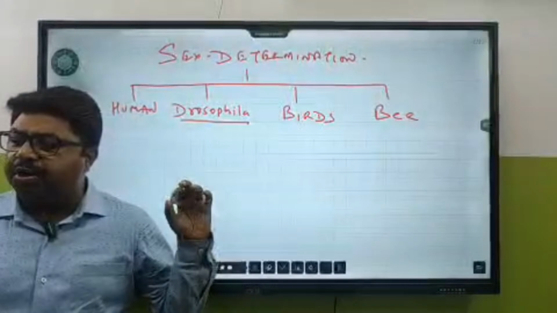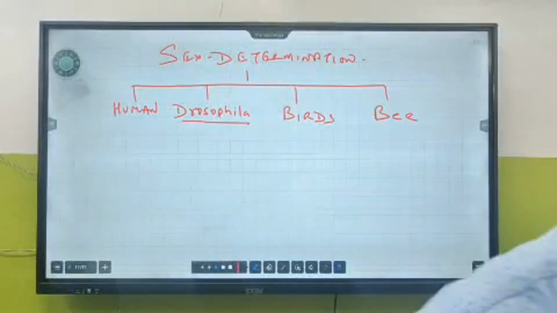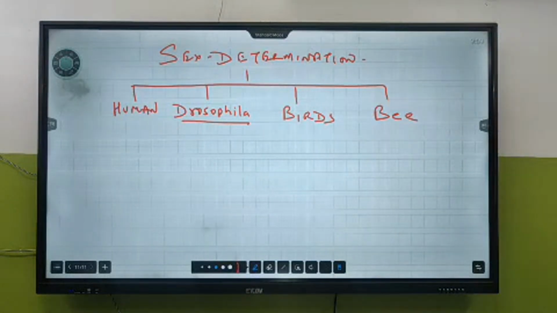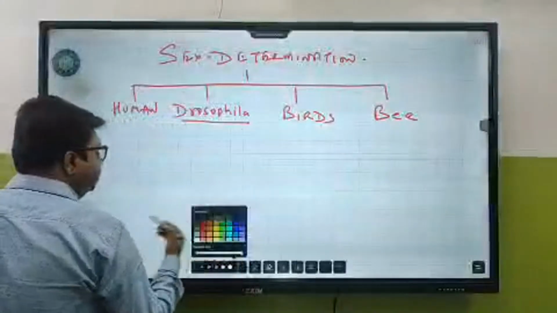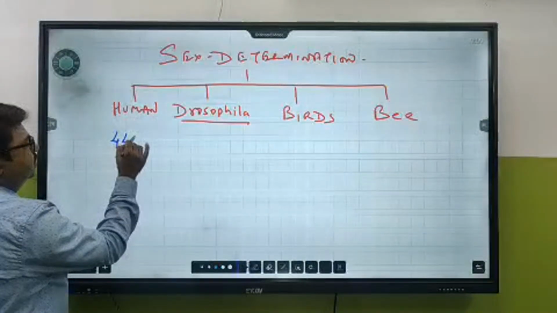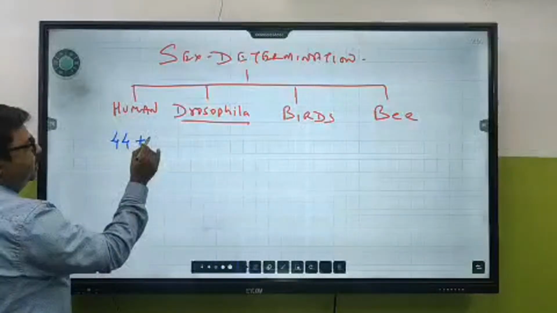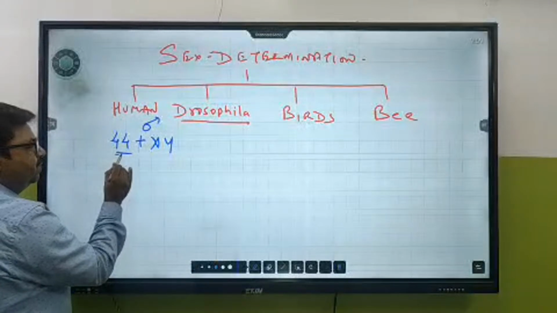The first one you already know. What is the first one? The first one is human. I think you know it. Just now we were talking about this. Human. Srijan, how many chromosomes? 44 plus. This is father. Having 44 means 22 pairs.